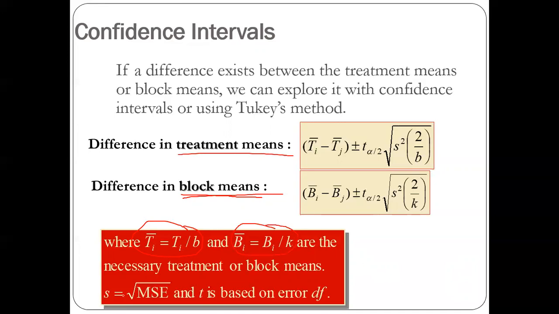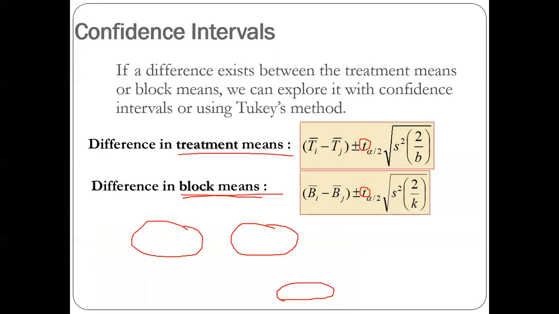The value of S is equal to the square root of MSE, and the degree of freedom is the degree of freedom of error.